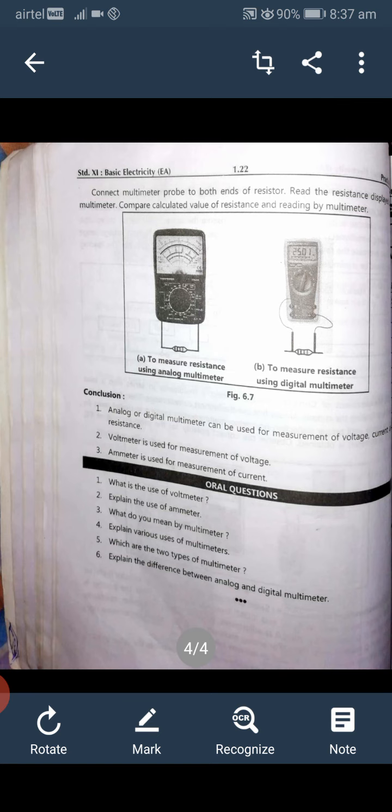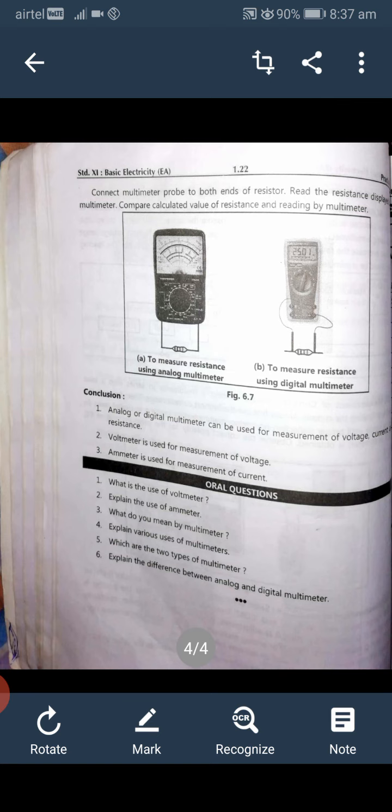Compare the calculated value of resistance and the reading by the multimeter. The diagram to measure resistance by using a digital multimeter and an analog multimeter is shown in the diagram below.